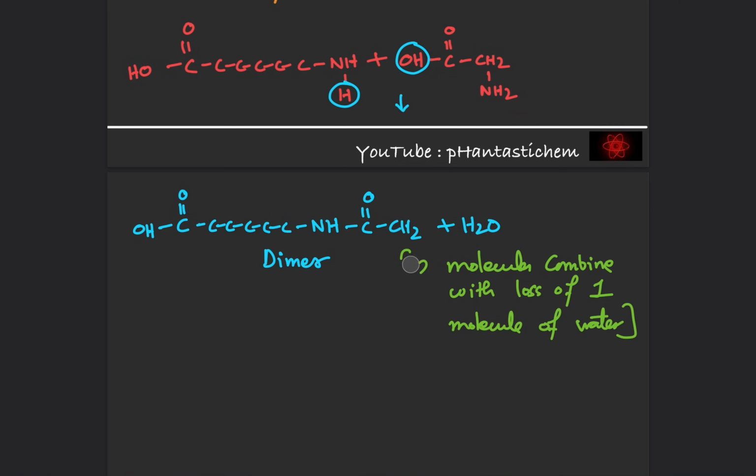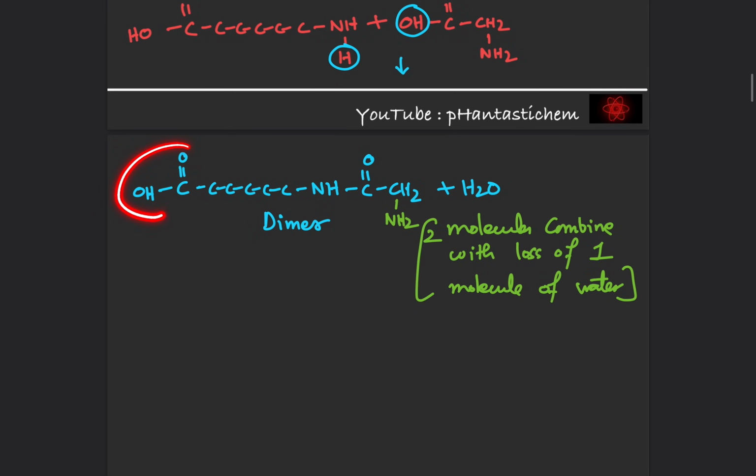So you can see NH and C, there is a bond, C double bond O, CH2, and it should be connected to one NH2. Okay, cool. So the point is that the dimer is again a bifunctional compound, because you can see this is one functional group, this is another functional group. Okay, so it may react with another molecule of one of the monomers. It can be either X or Y. Let's say it reacts with X to form a trimer.